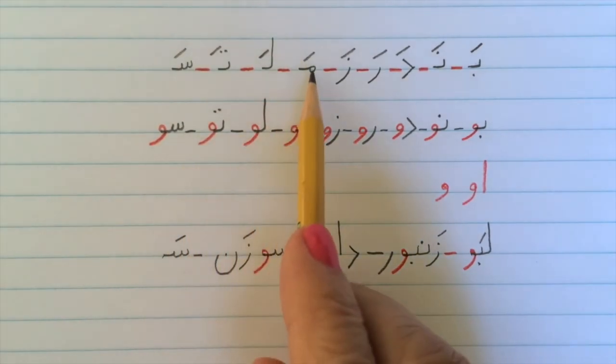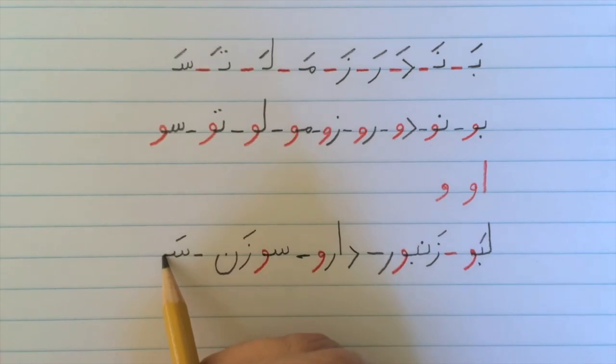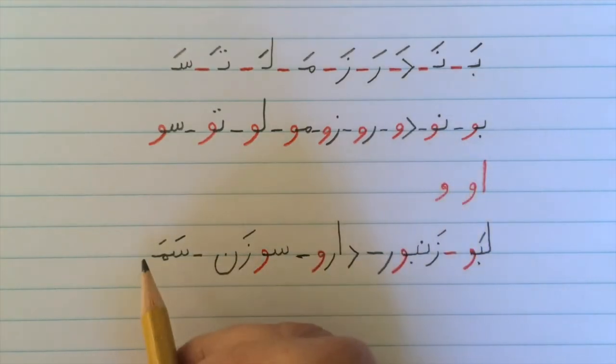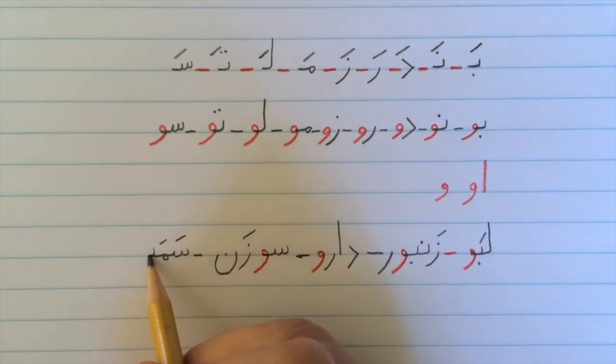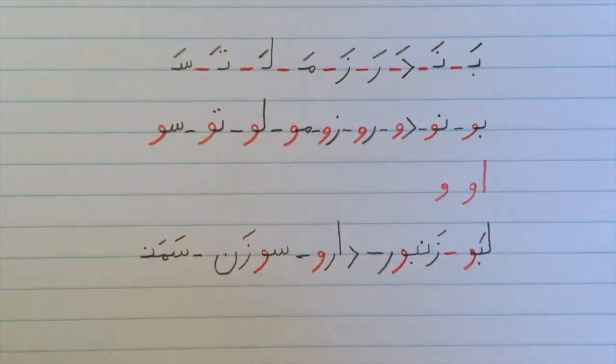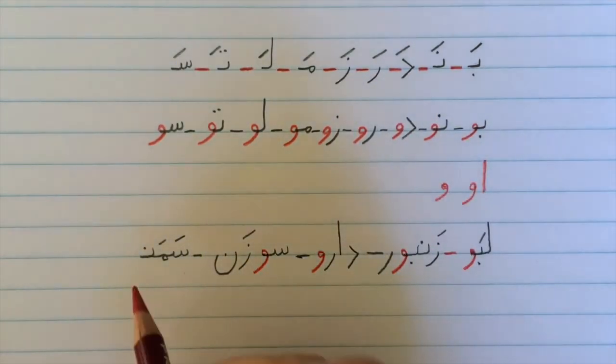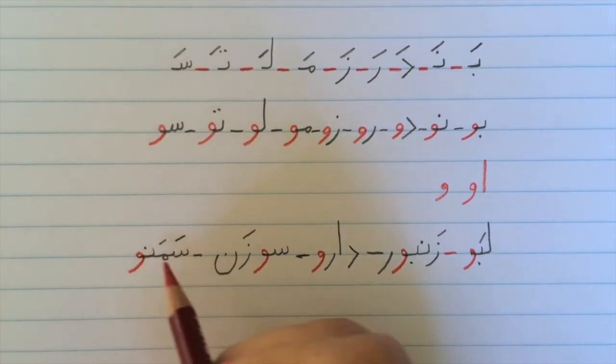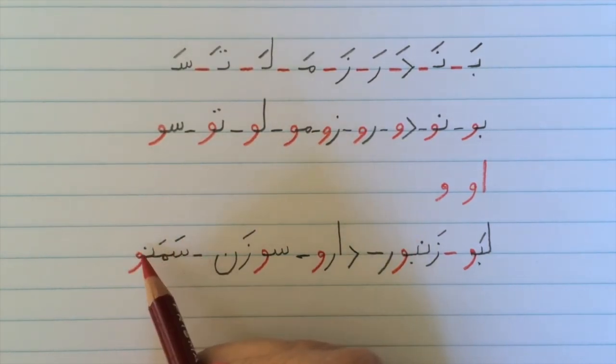The second syllable is ma, which is m and a. It becomes ma. The third syllable is nu. How to write nu? It's n-u. So you see how easy it is. If you learn these, you can learn Farsi very quickly. It becomes samanu.